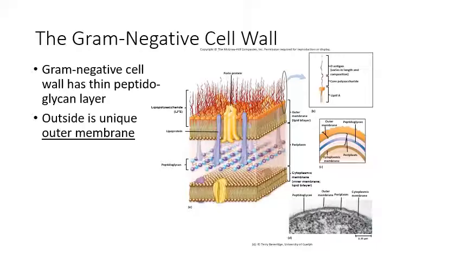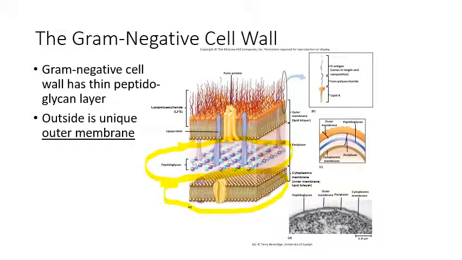Now let's look at a gram-negative cell wall. First we're going to start off down at the bottom and realize that the gram-negative cell has a cell membrane identical to the gram-positive cell. It's still got a phospholipid bilayer, so that cell membrane is exactly the same. The next layer up is a thin layer of peptidoglycan, compared to the thick layer we had in the gram-positive.